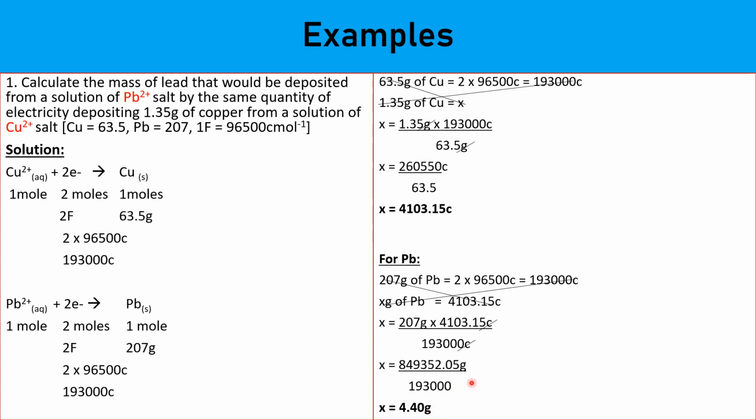So the mass of copper that is deposited when 4,103.15 coulomb of electricity passes through it is 1.35, and the mass of lead that is deposited when 4,103.15 coulomb of electricity passes through it is 4.40 gram.